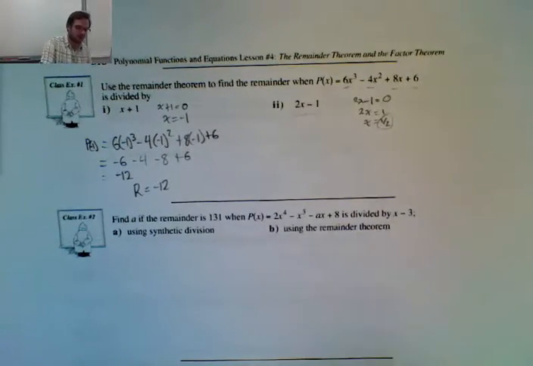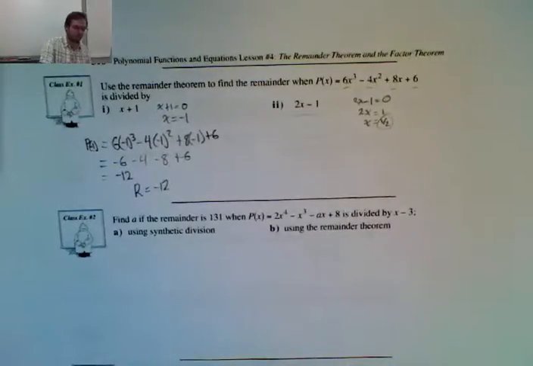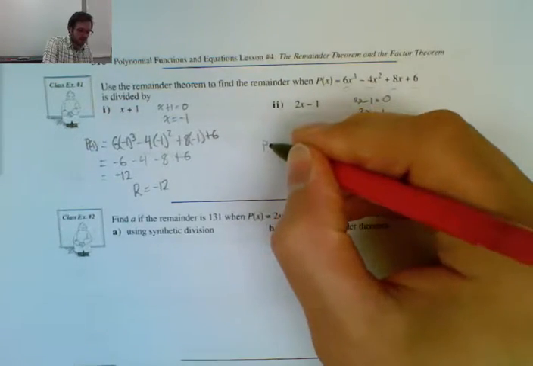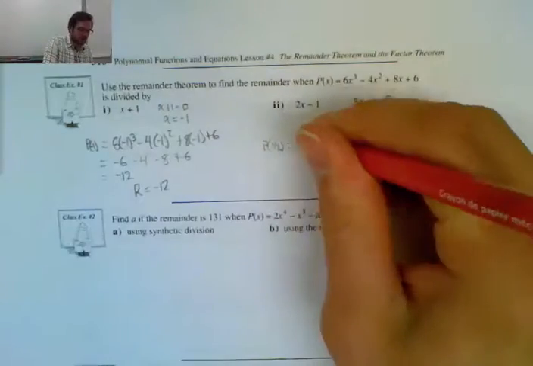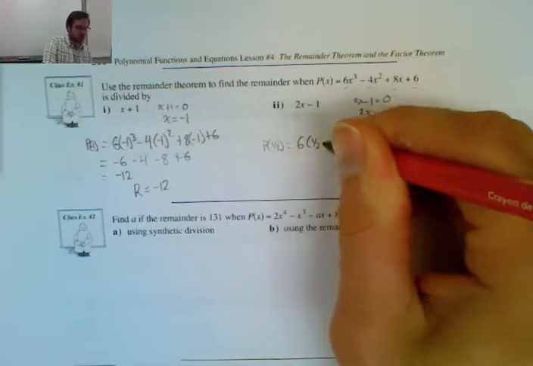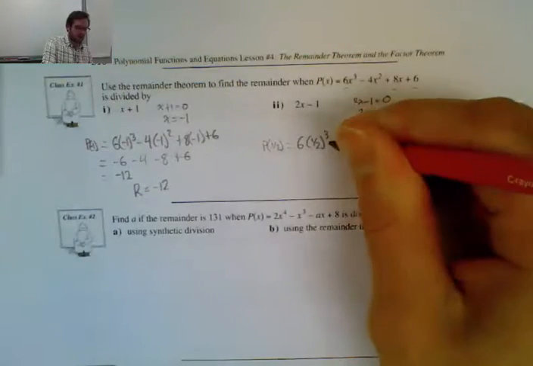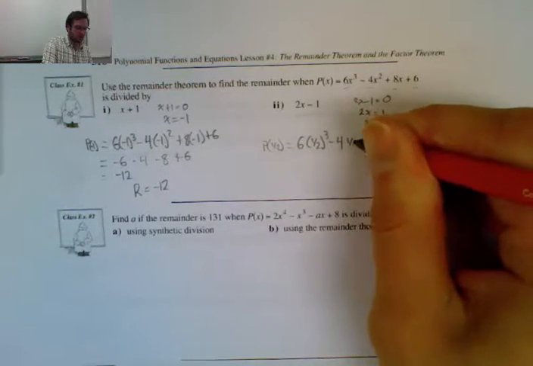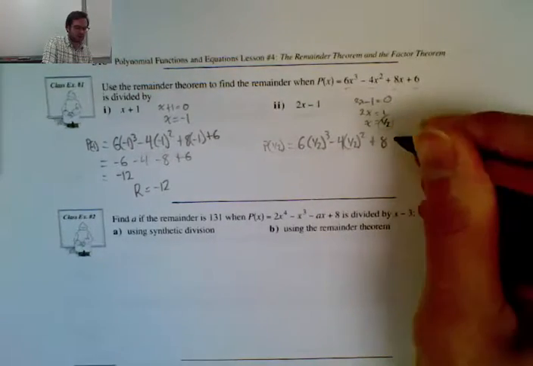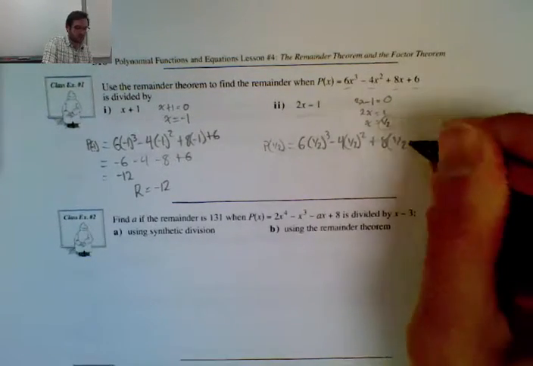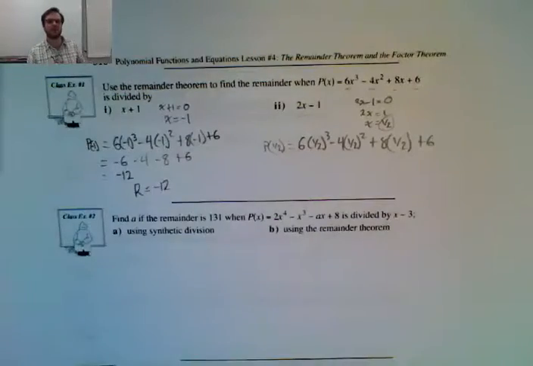We're going to do the function instead of x, we're going to do it of 1 over 2. So I'm going to have p of 1 over 2 is equal to 6 times 1 over 2 cubed minus 4 times 1 over 2 squared. Then we're going to have plus 8 times 1 over 2 and plus 6. Okay?